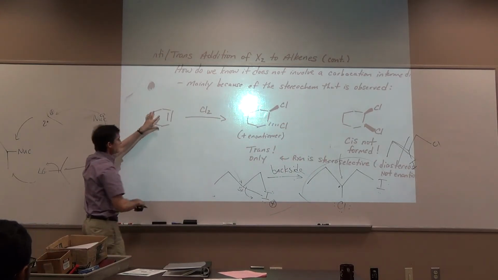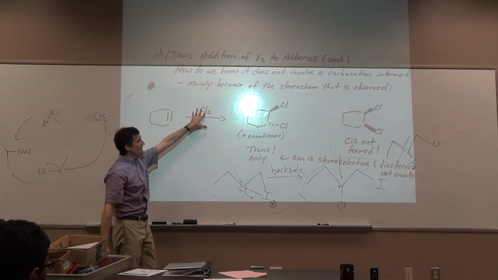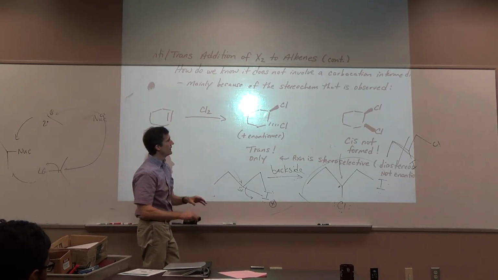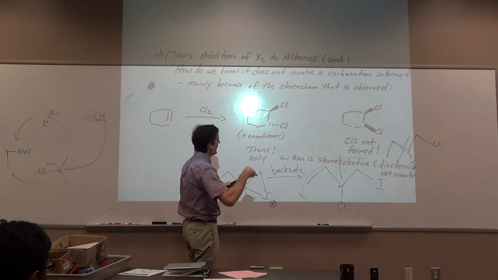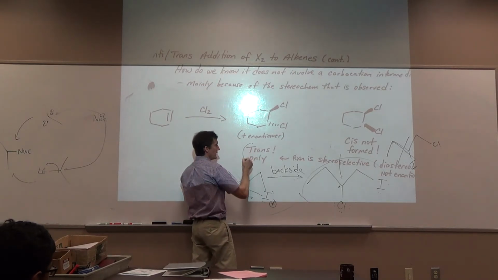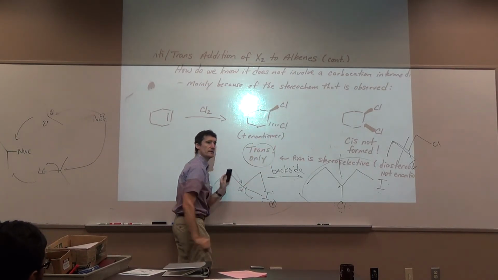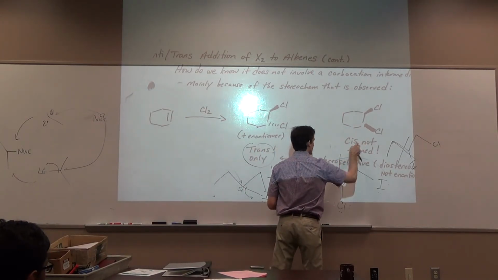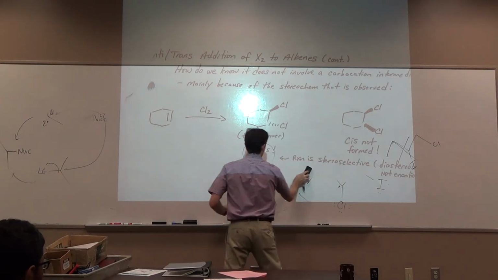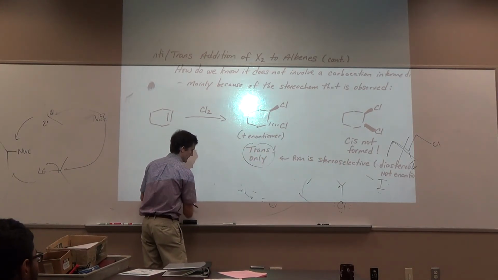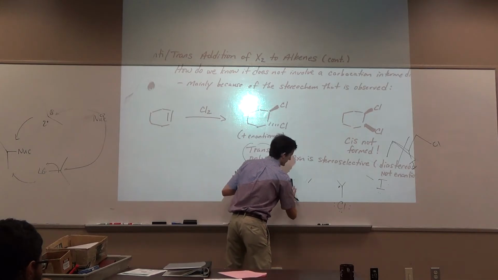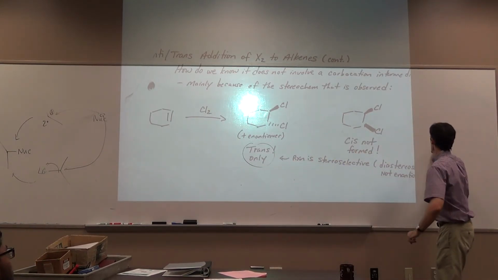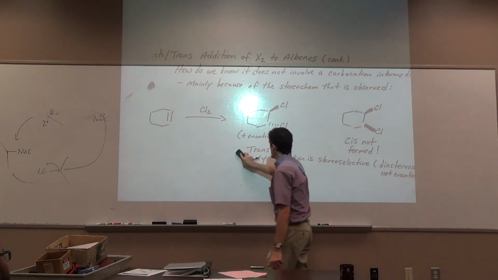If you take this alkene and react it with chlorine, you're going to add a chlorine to each carbon, right? Interestingly, it's known you only get trans. The chlorines will only be trans. You do not get cis. Only trans. The reaction is thus stereoselective in terms of diastereomers.